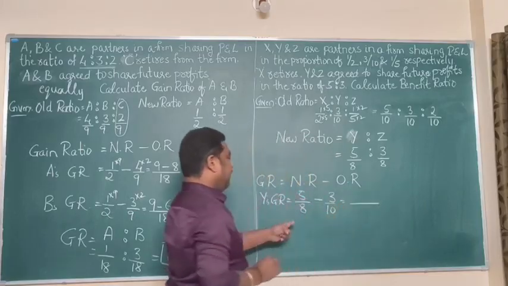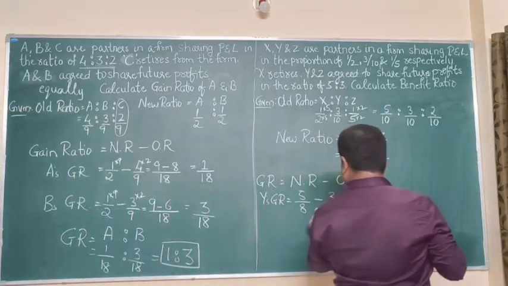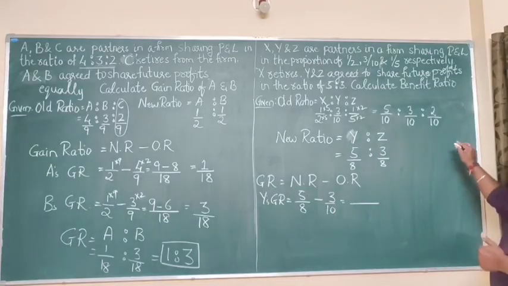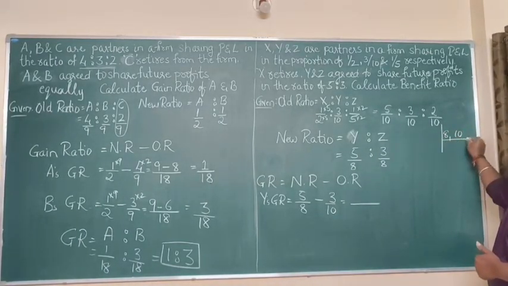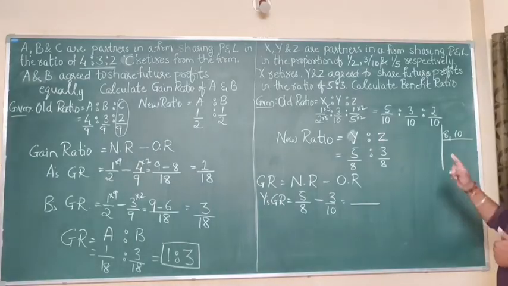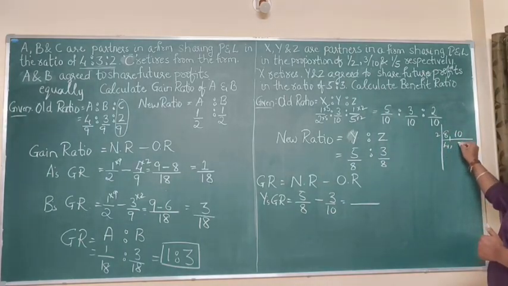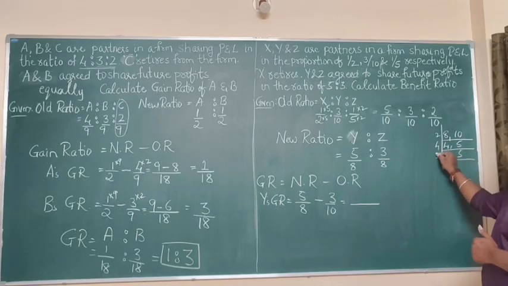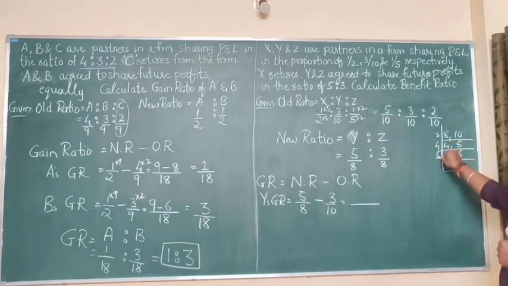Now see, 8 and 10, how to get the common LCM. Both are somewhere connected. I taught you this method, the school days method. If you have forgotten, let me once again remind you. 8 and 10, how to get the common LCM for this? Cancels by 2. 2 4s are 8. 2 5s are 10. 4 1s are 4, keep 5 as it is. 5 1s are 5. 2 4s are 8. 8 5s are 40.